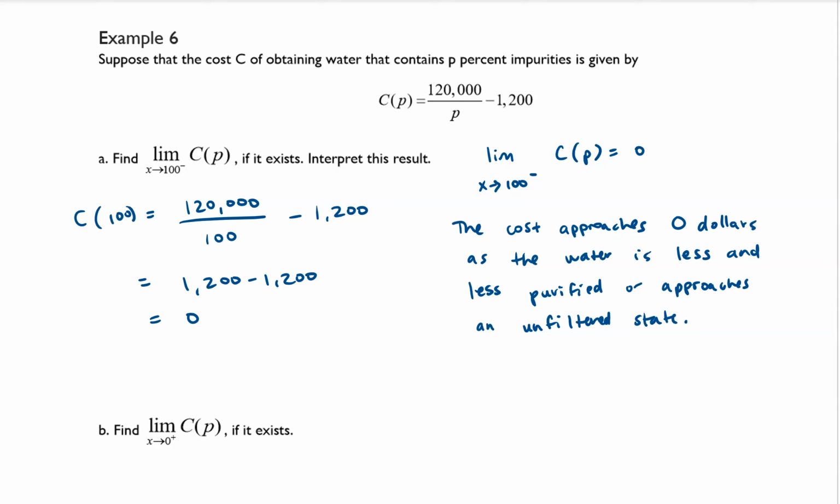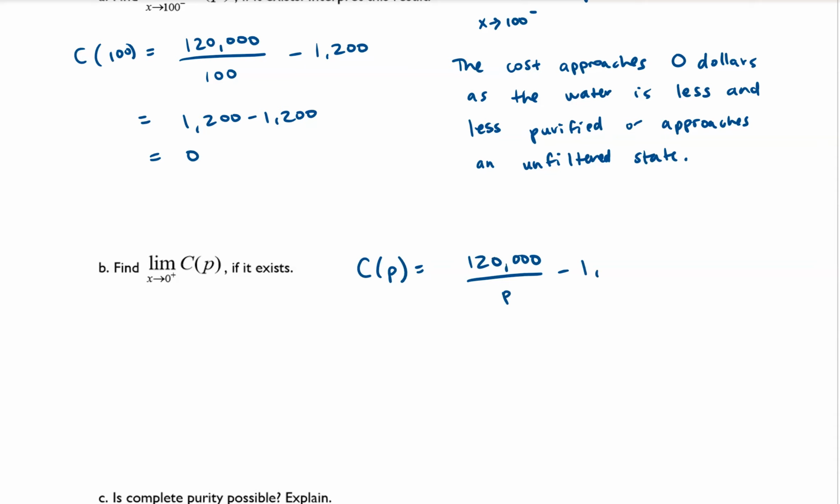Okay, so find the limit as x approaches 0 from the right of our cost function if it exists. Now, note that we can't just plug in 0 because it would make our denominator 0, and we can't do that. However, let's think about our function like this. Our cost function is 120,000 over P minus 1200.